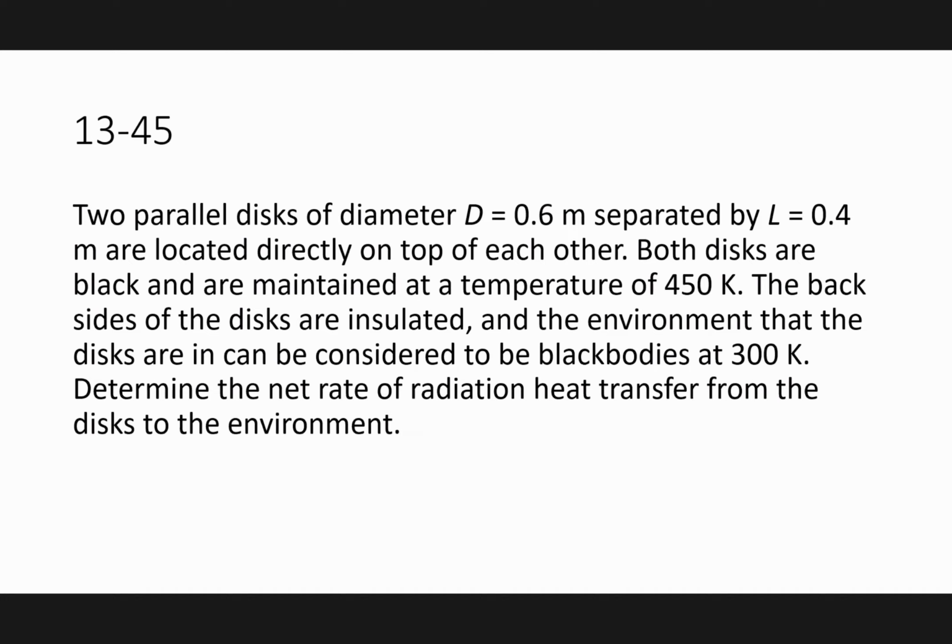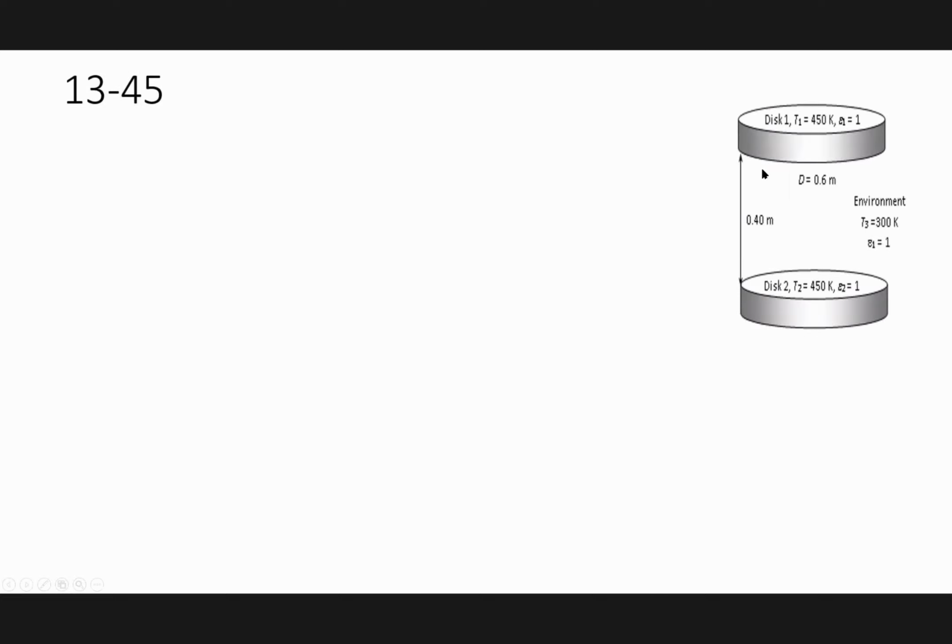If you look at the figure, it is like this: a disc up here and one at the bottom, insulated on the back. The temperature of the two plates is 450 K, and they are black bodies, therefore emissivity equals 1. This is inside a room at 300 K, and again we assume the environment is a black body.